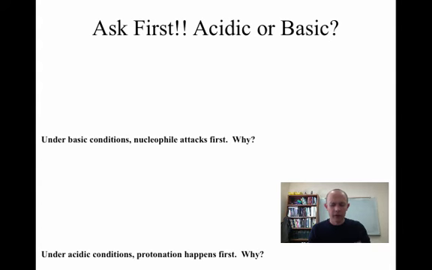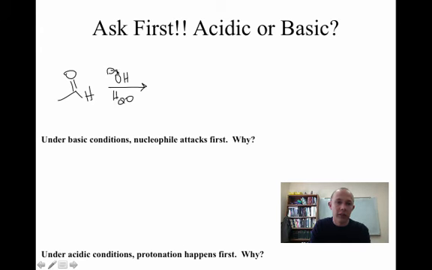Okay, so when we're looking at the reactions that ketones and aldehydes undergo in the presence of nucleophiles, the first thing that you want to ask yourself is, are we under acidic conditions or are we under basic conditions? Because that determines the first step of the mechanism, which is going to basically determine the entire rest of the mechanism. So let's say we take this aldehyde and treat it with sodium hydroxide and water, right? Sodium hydroxide is a base. It's also a very good nucleophile.